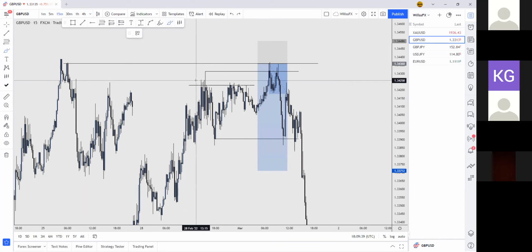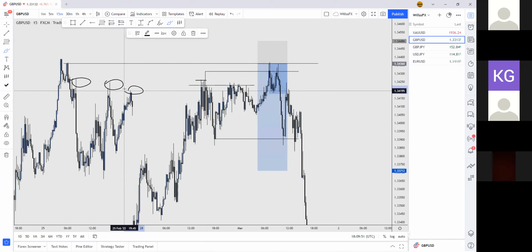It was a big wick that wicked above the rest of these candles here, and above the previous wicks we've seen to the upside. So you see this area here, manipulation, wick to the upside, then drop. Same thing here in this area, wick above, drop.